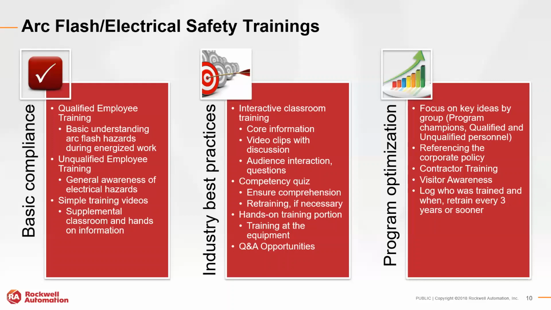Also, in terms of optimization, it's helpful to keep logs of employees that were trained and when they were trained. Really, this applies all across the board for all three buckets: basic, best practices, and optimization. But I'm always fairly surprised to see a lot of customers don't document their personnel training. A lot of times there are compliance gaps because the training may exceed a 3-year duration, or they may hire on a new employee who doesn't get put through training before they're put out on the floor doing work.